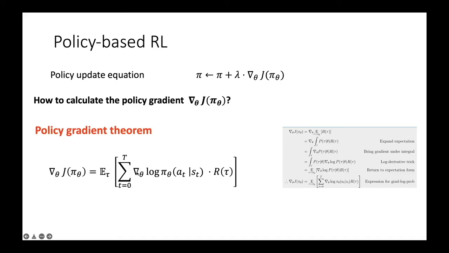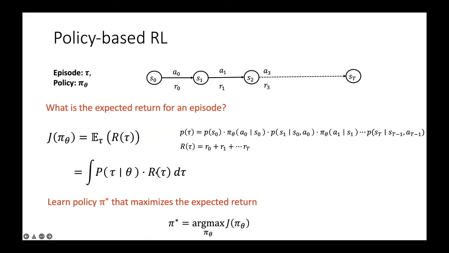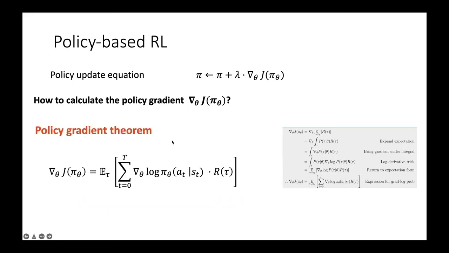Now you see this probability term, which if you take a log, this product will translate into a sum. And by virtue of the policy gradient theorem, this gradient has been distributed over those terms. When you consult the literature, this is known as grad log prob: the gradient, the log, and the probability term.